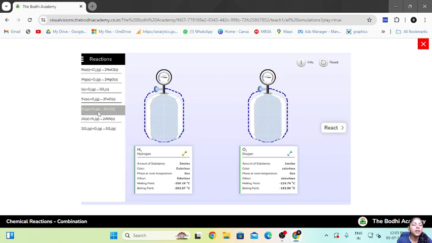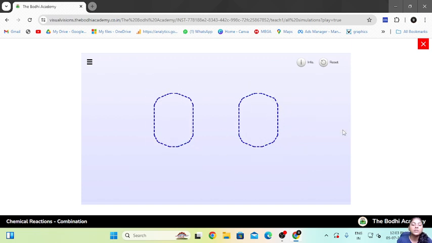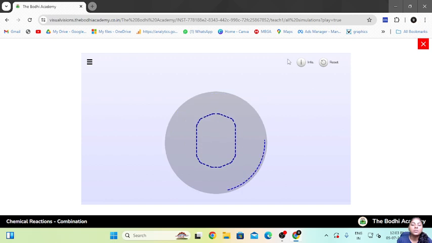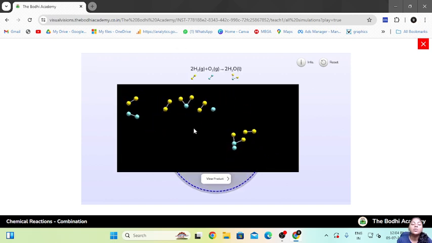Then we have hydrogen and oxygen. Okay, now both these are gases. So as we know, hydrogen is colorless and odorless, as well as oxygen is also colorless and odorless. Now let us react these two gases. So here also two reactants are combining to form a single product.